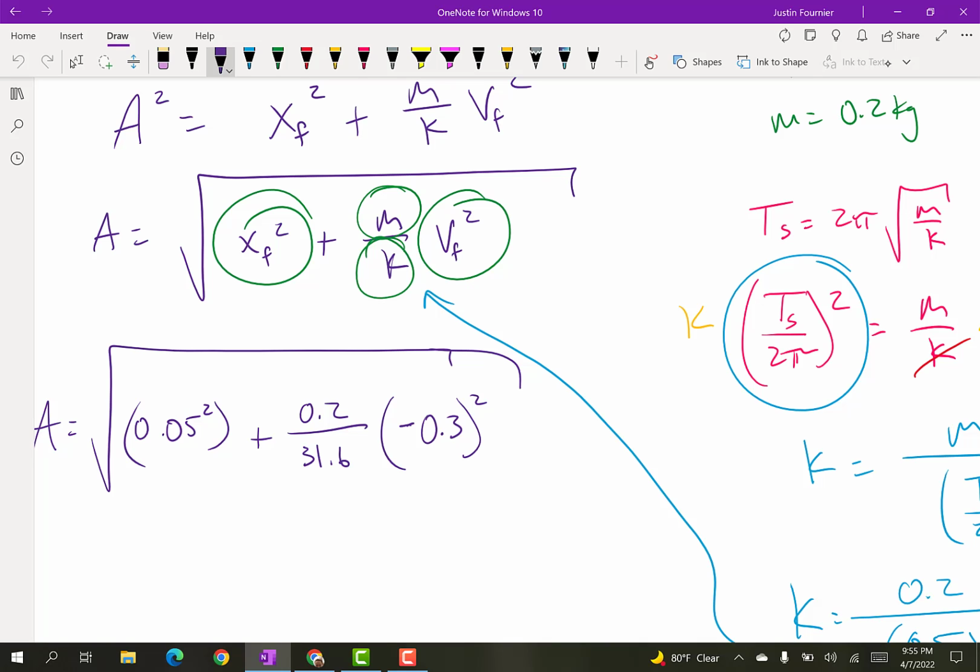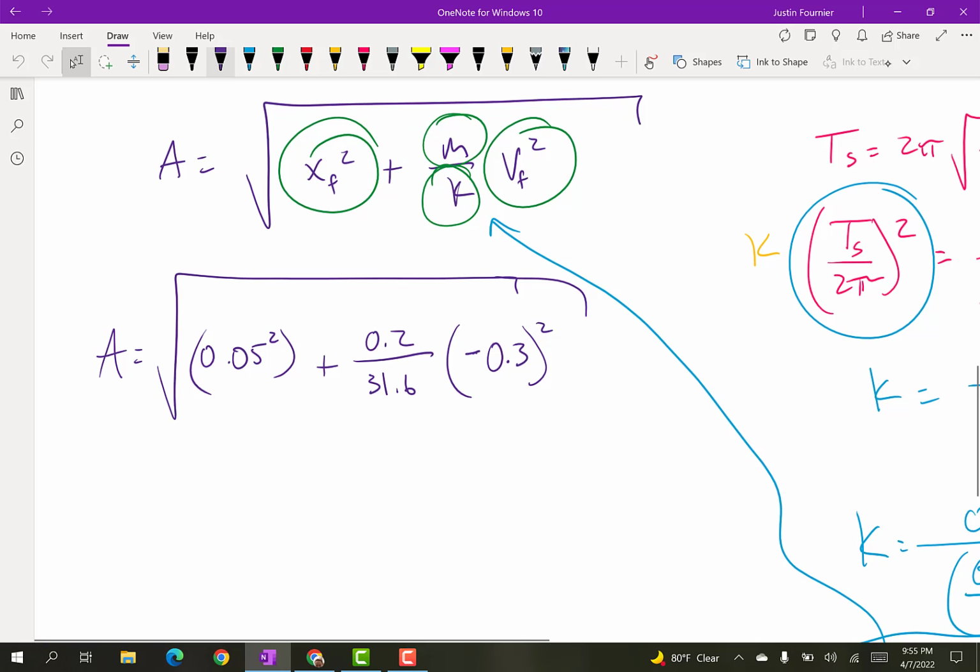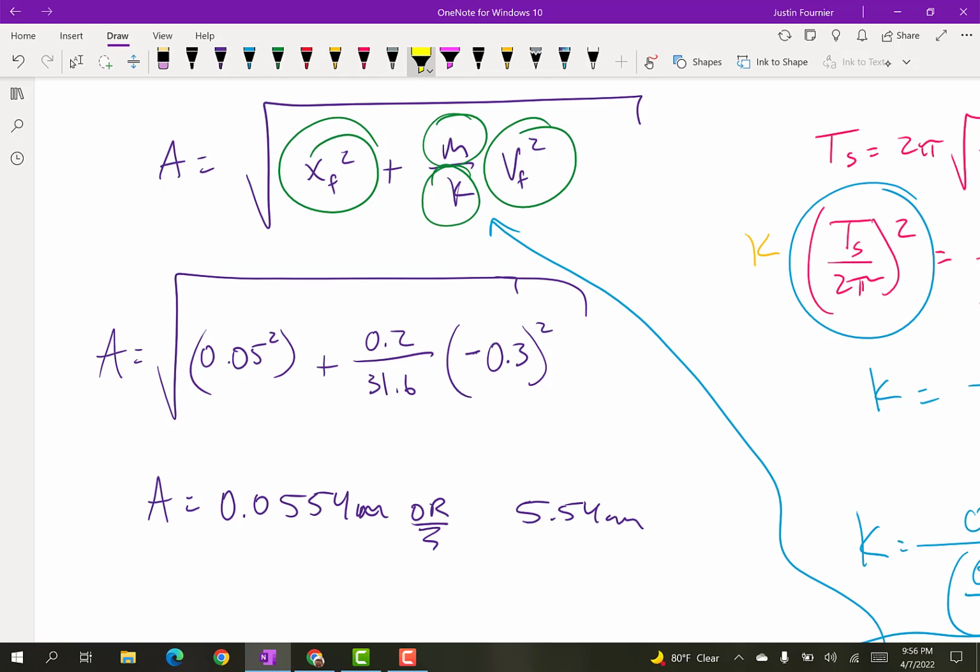And then I take the square root, and I get about 5.54 centimeters, or 0.0554 meters. I could basically convert that to 5.54 centimeters. Either way works. Both of those are legit.